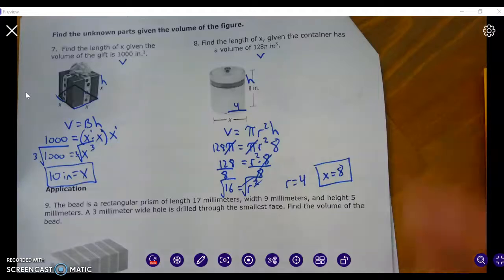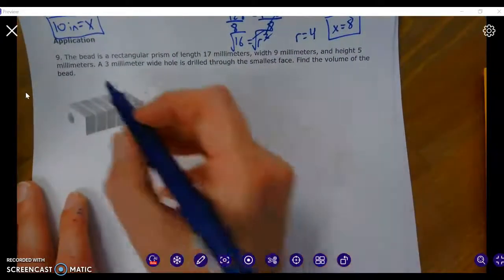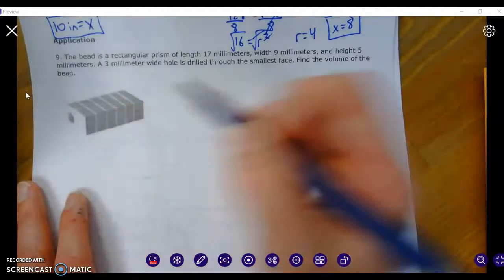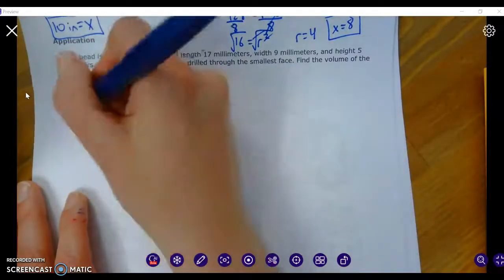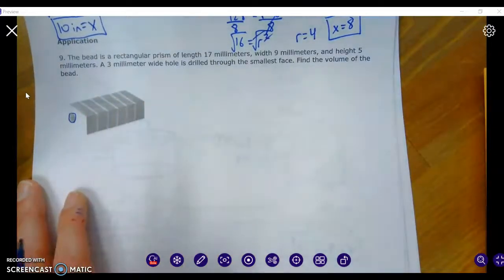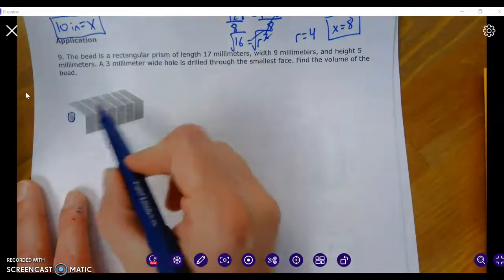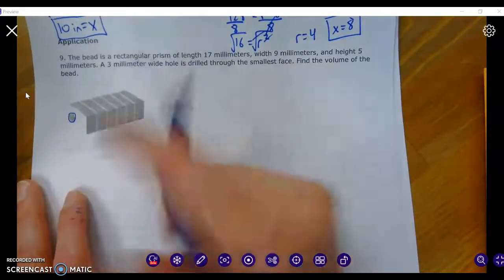Okay, then we have an application question. We have a bead here. This bead is a rectangular prism, and then we are given the dimensions of that in the question. And then we also have this hole that is drilled all the way through the bead. And so what we want to do is subtract out that cylinder volume to find the volume of the whole bead.